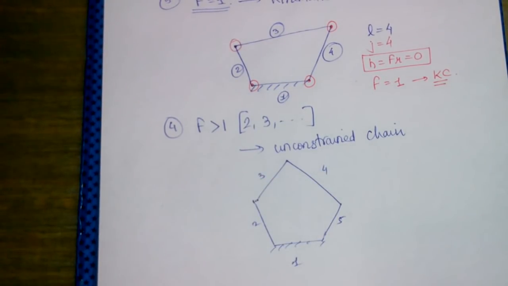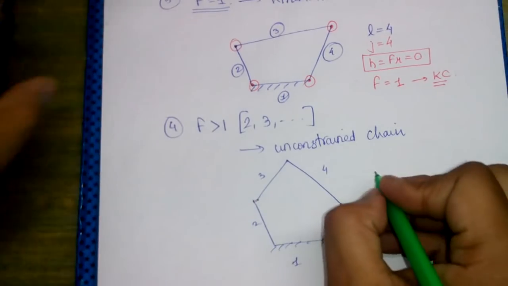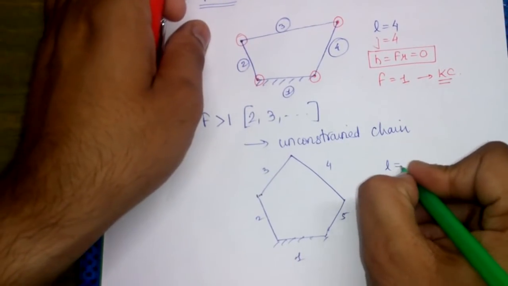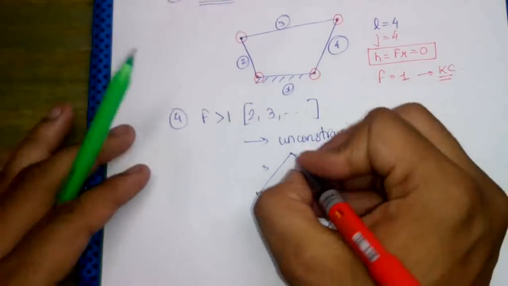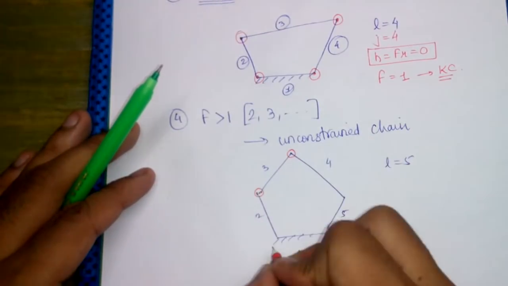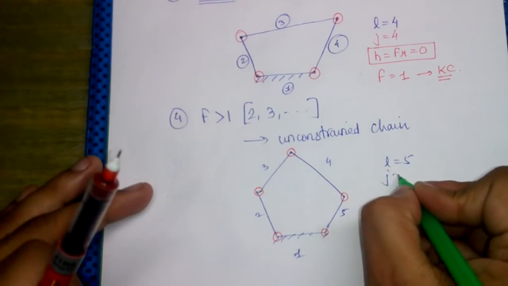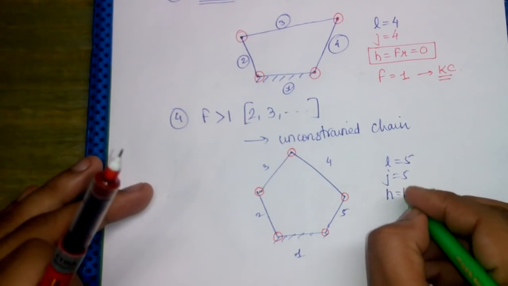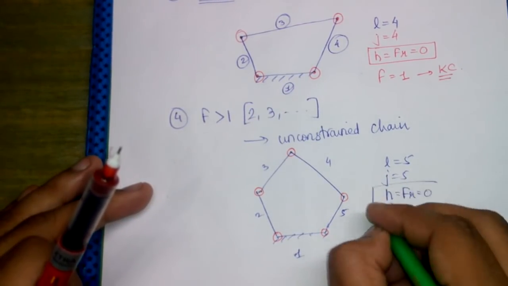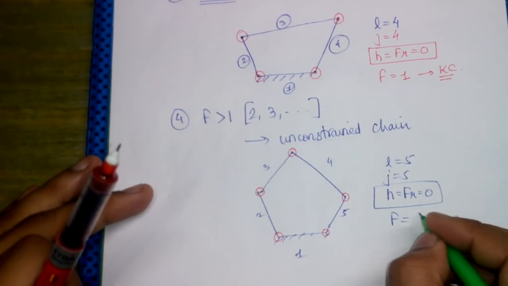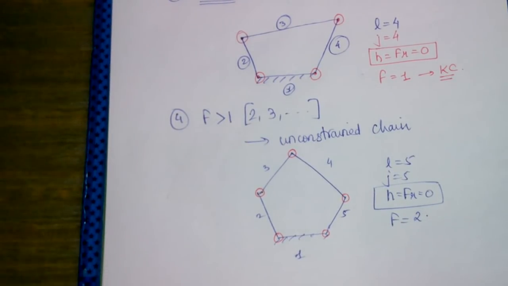Now if we wish to find out the number of links, L would be equal to 5, J would be equal to 1, 2, 3, 4, 5. J is also 5. H is equal to FR is equal to 0. So F, if we calculate, comes out to be 2.